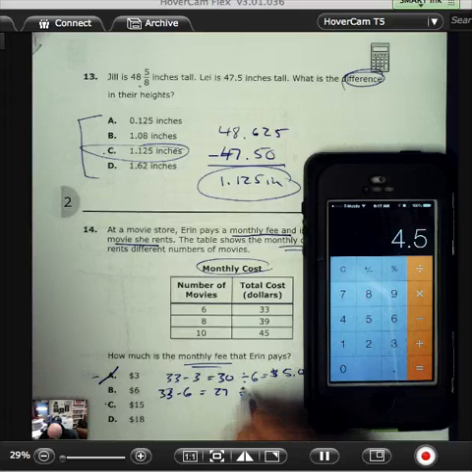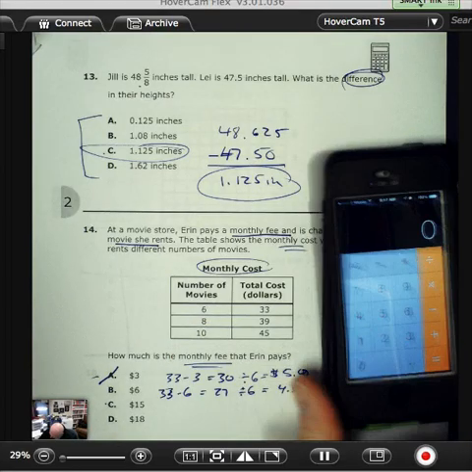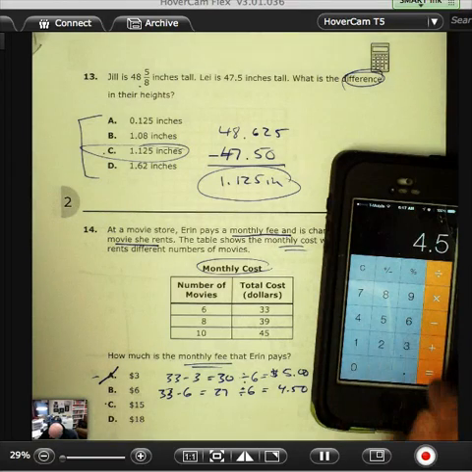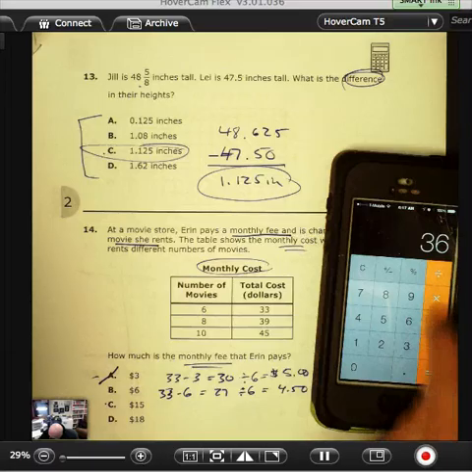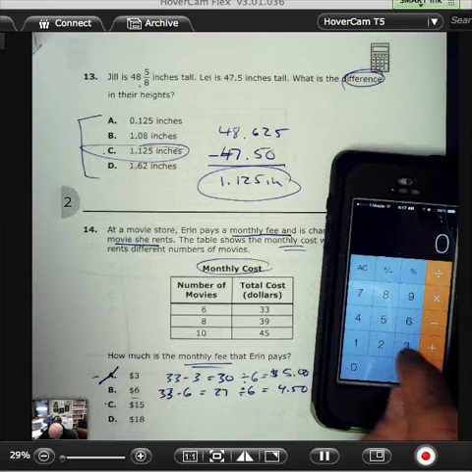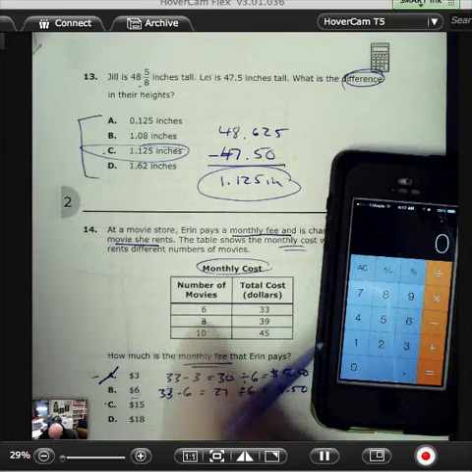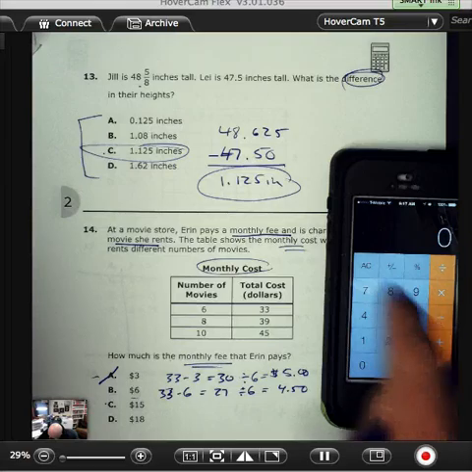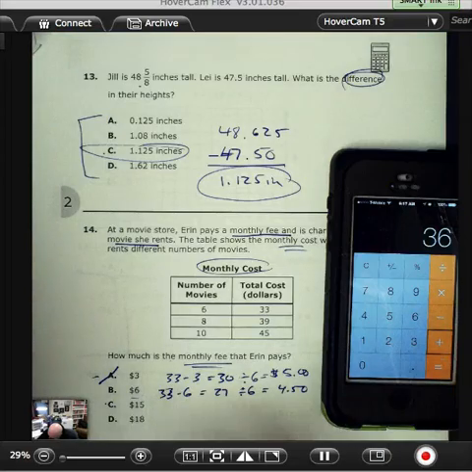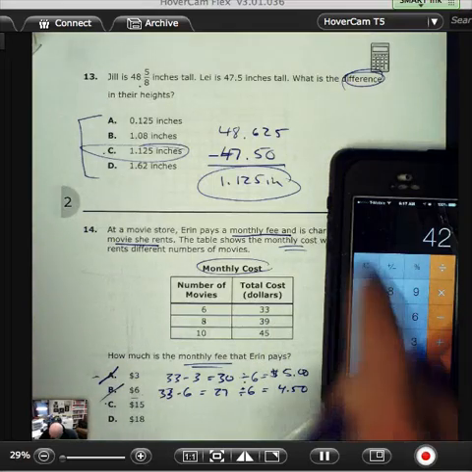Okay, let's see if that would work for 8 movies. 8 times $4.50 equals 36, and then I'll add in that $6 monthly fee, so that's going to be $42, not 39. So it can't be this one. So let's try the next one.